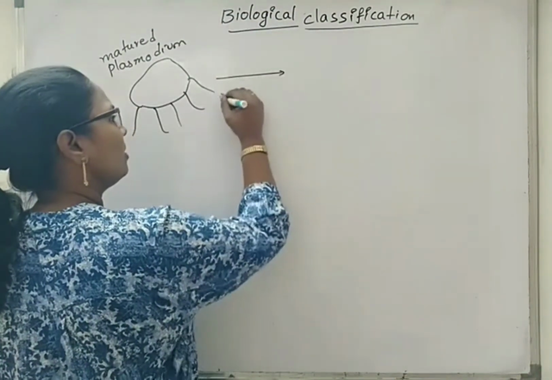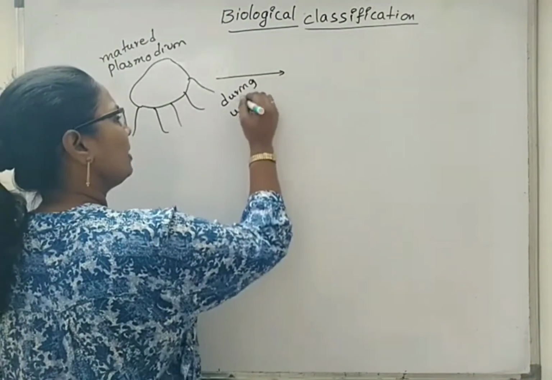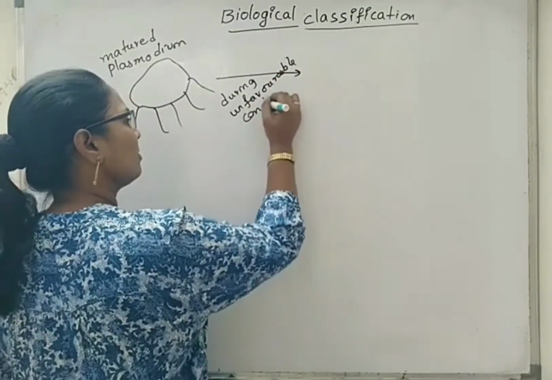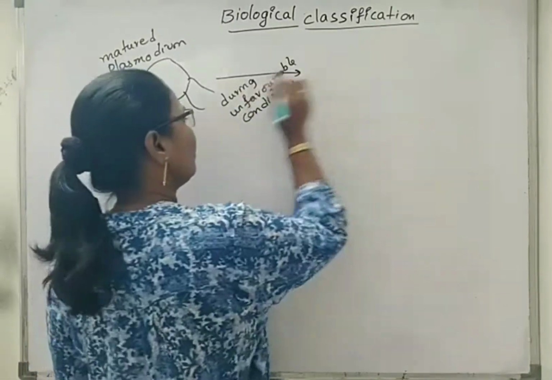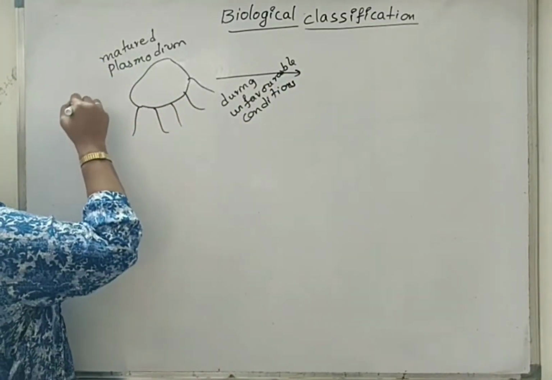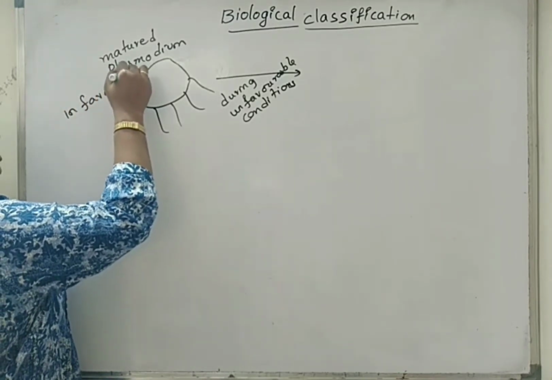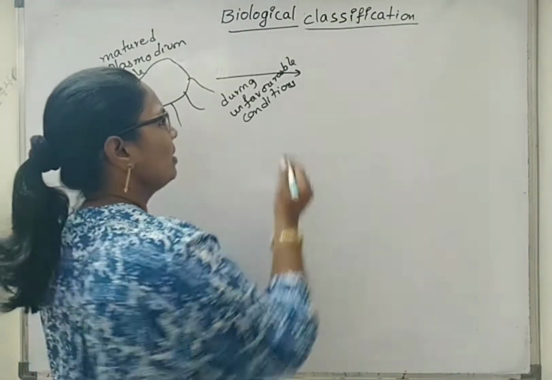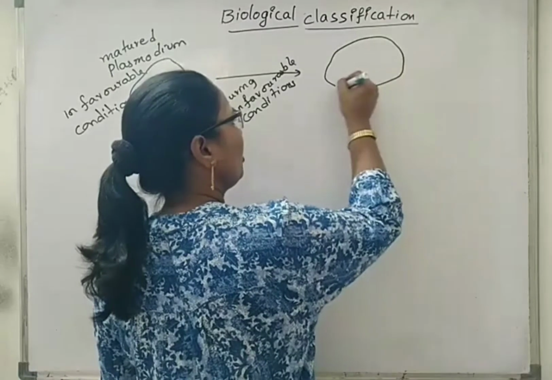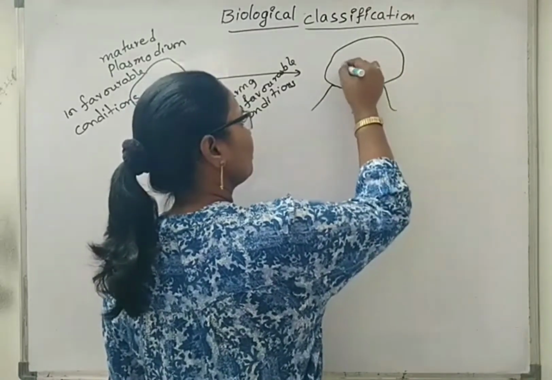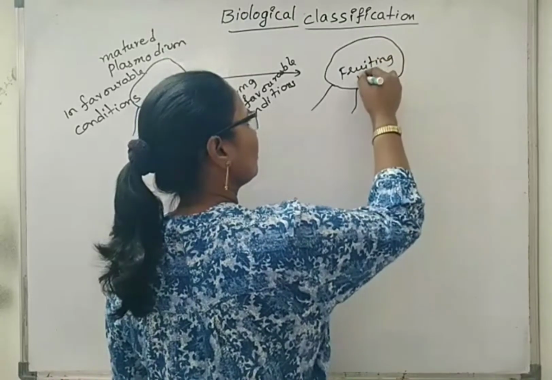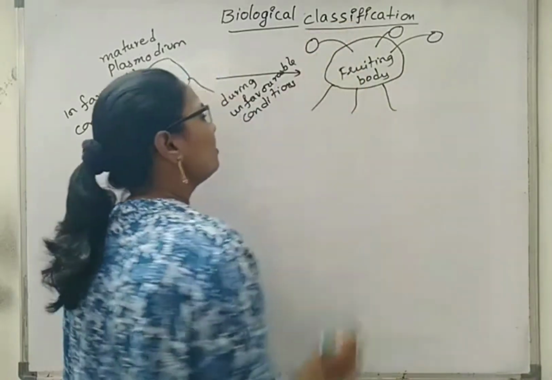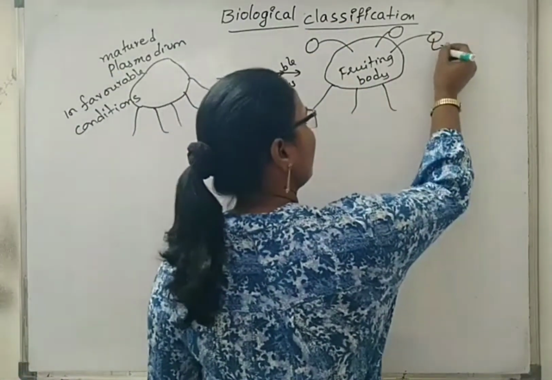Now, during unfavorable conditions, the same matured plasmodium, which was in favorable conditions, will now be called a fruiting body. It bears the spores at the tip of the fruiting bodies. So now these are spores.